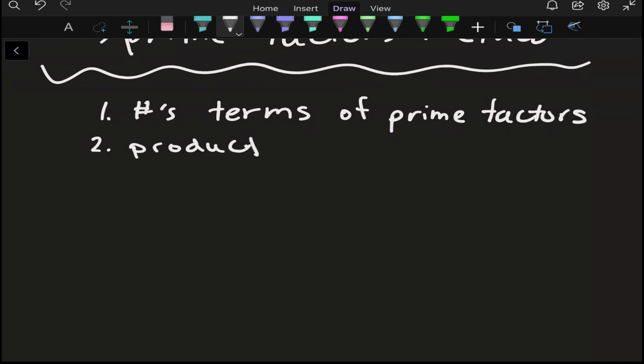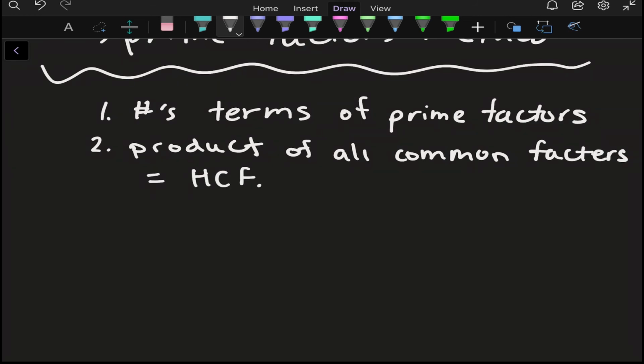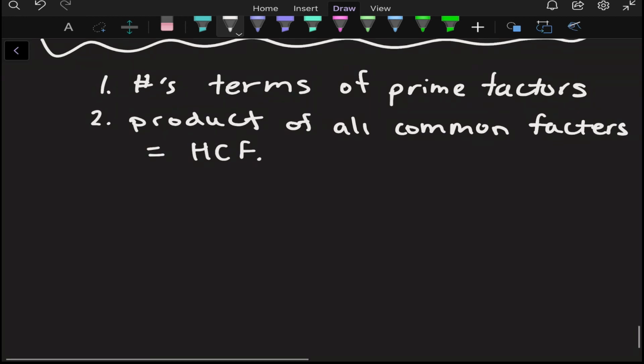So the product of all common factors equals the highest common factor. Again, might sound a little bit tricky, but we'll do a couple of examples.